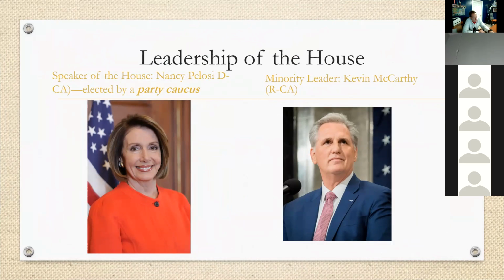When you say caucus, you mean the Republicans will meet together or the Democrats will meet together, and they put somebody forth to run for Speaker of the House. So the Democrats will say, Nancy Pelosi is our candidate for Speaker of the House, which they did a couple of weeks ago, and she's been reelected as the Speaker of the House for the next term that starts on January 9th.